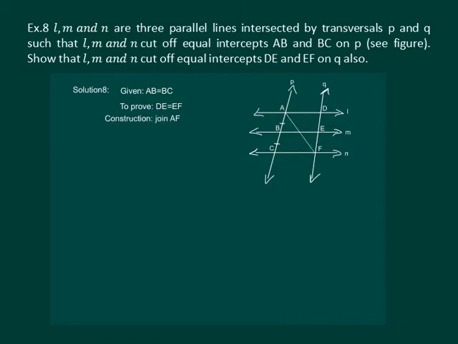For the proof, let us join AF. Let us name the point of intersection with M as G. Consider trapezium ACFD. Now AF divides the trapezium into two triangles, namely triangle ACF and triangle AFD. Taking out m2 common from the denominator we get m1 by m2 plus 1. Substituting m1 by m2 equal to 2 by 7, we get minus 8 into 2 by 7 plus 10 whole by 2 by 7 plus 1.